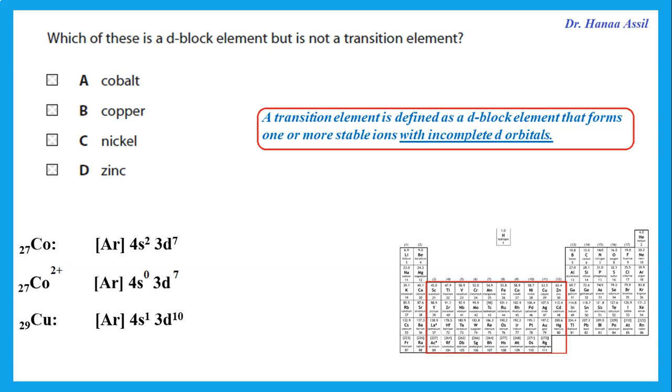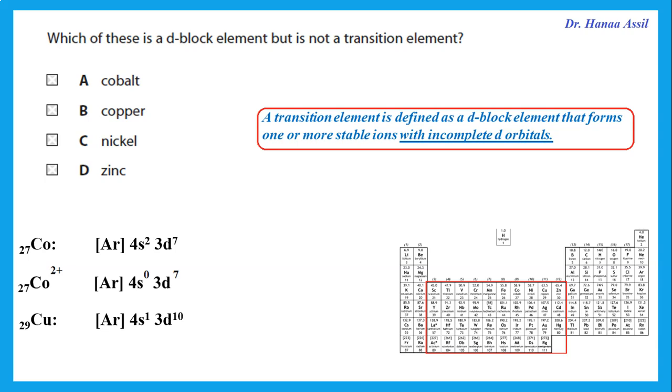And remember that we said, usually when we distribute electrons, we should fill the 4s first before the 3d. But the copper is an exception, because if we say 4s2 3d9, that is not very stable, because the 3d needs only one more electron to be filled.